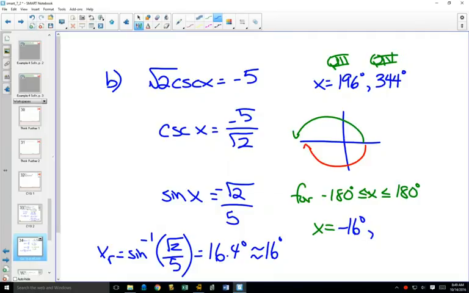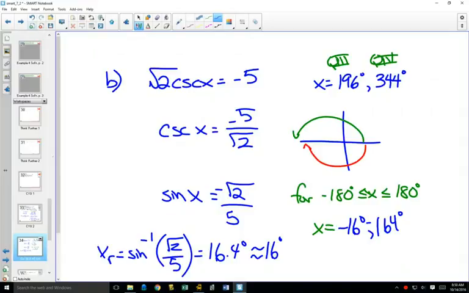And if you wanted to find the one in quadrant 3, every time I'm doing negative angles, I think positively, like that's the second quadrant when I'm going in the negative direction, right? So how do we find an angle in a second quadrant? We do 180 minus our reference angle. So I would get 164 degrees, and now because that's a negative angle, I just put a negative in front afterwards. So those are our two answers.